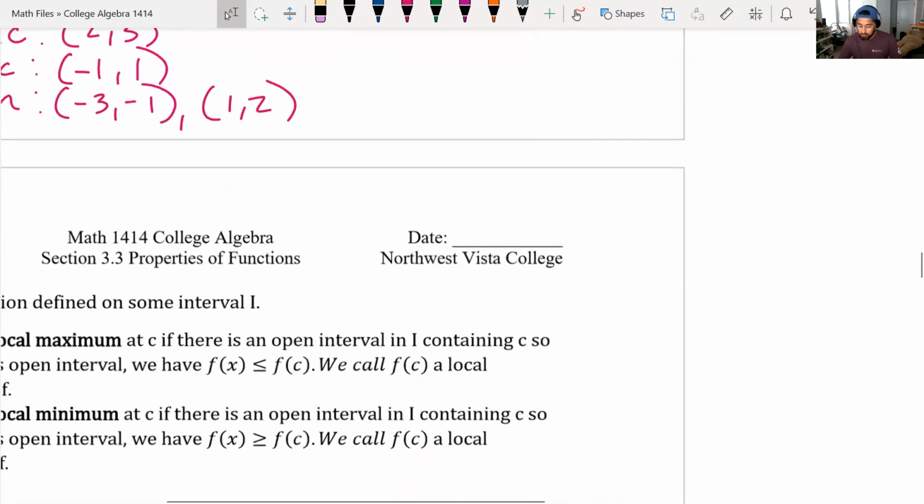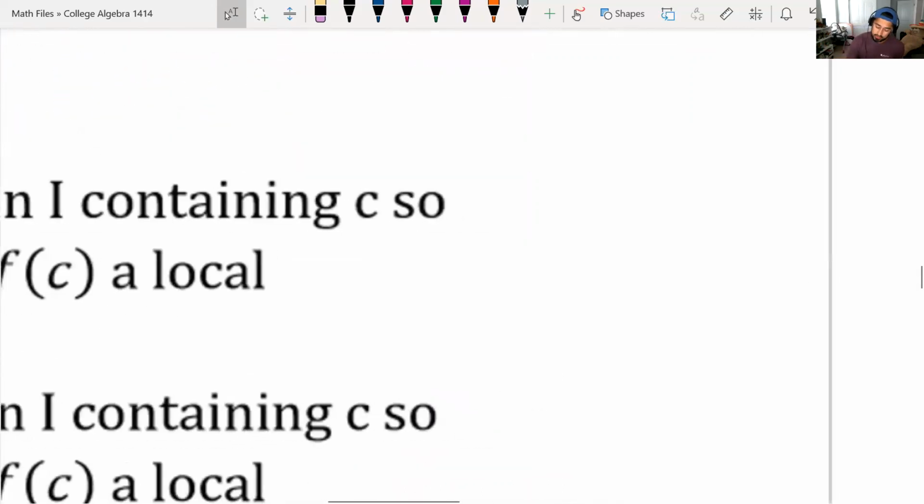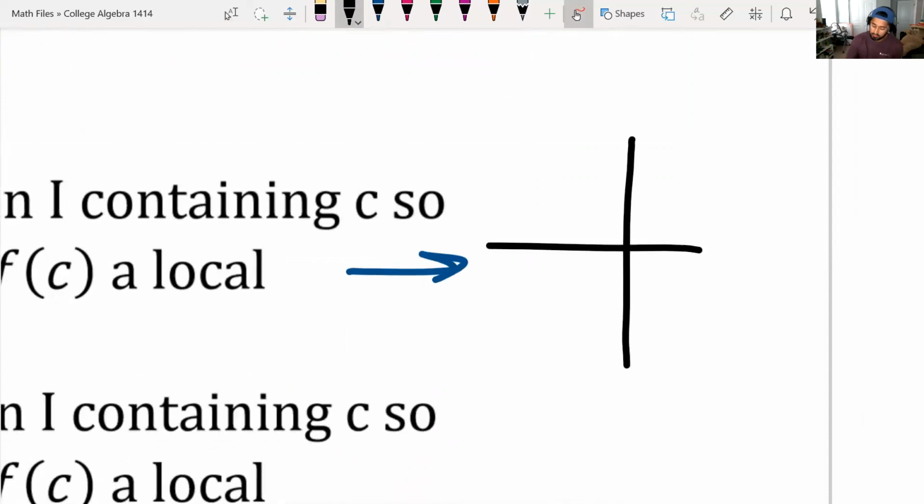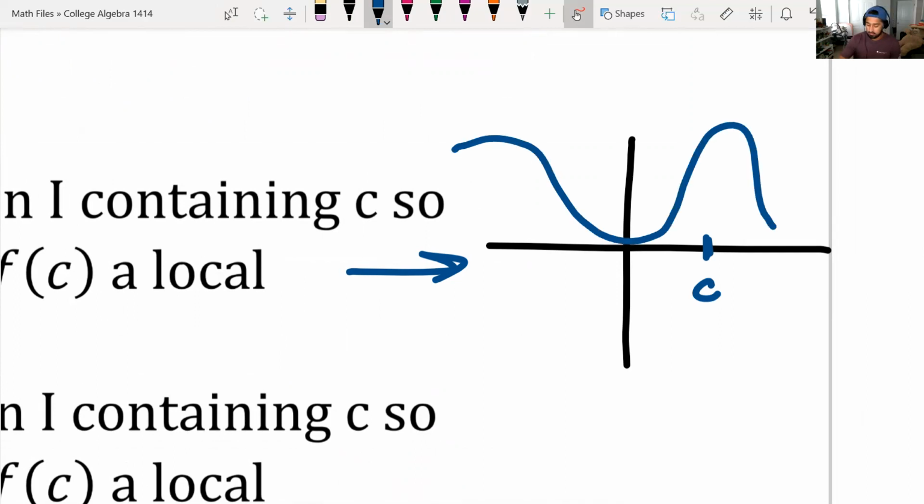So to show you what this one is talking about, let's say I have an x value at some number c. Then my graph looks something like this, right?